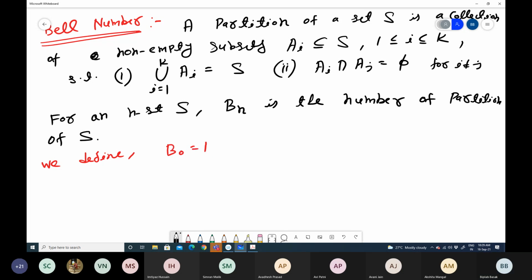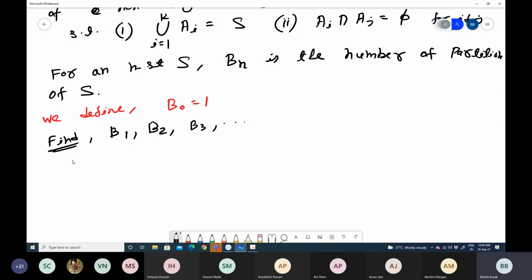Now we can find what B1, B2, B3 are. We can calculate all of this.